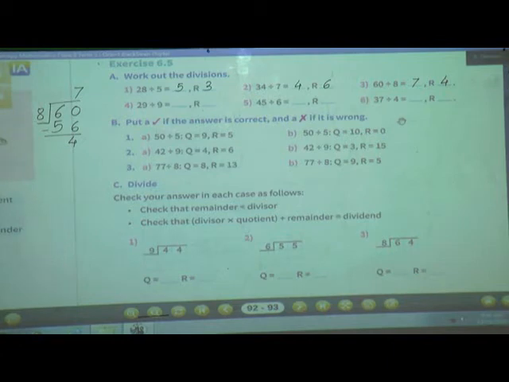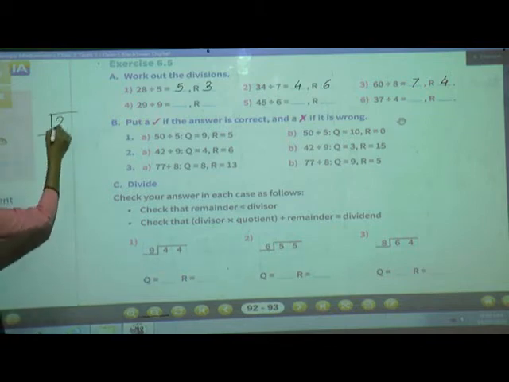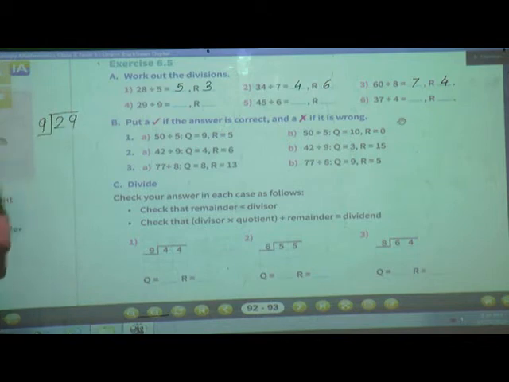Next, 29 divided by 9. See the table of 9. Is 29 there? No. Then you have to see the smaller number than 29. Which is smaller than 29? Yes, find out. 27. Okay.